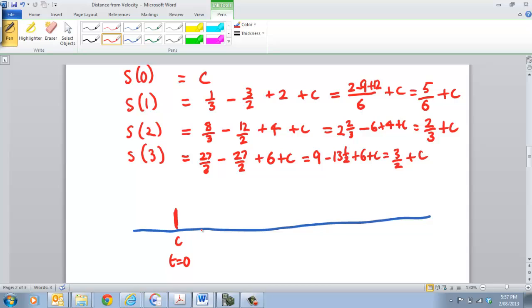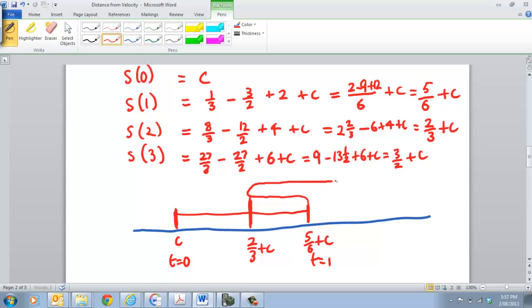It's going to go forward to a distance of this point here, which is going to be at 5 on 6 plus C, and that's at t is equal to 1. It's now going to change direction. It's going to go back that way. It's going to get to a point where the function is 2 on 3 plus C.